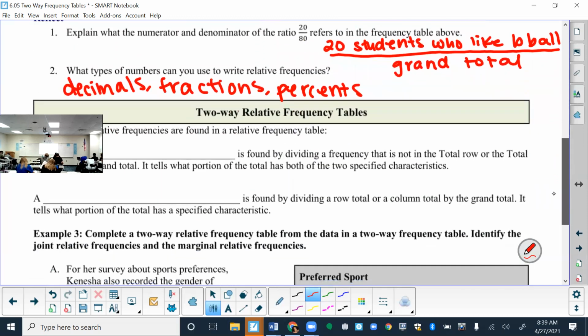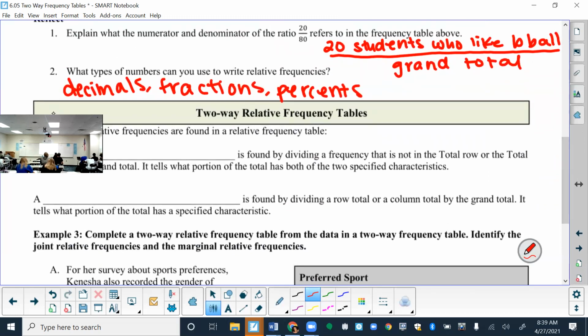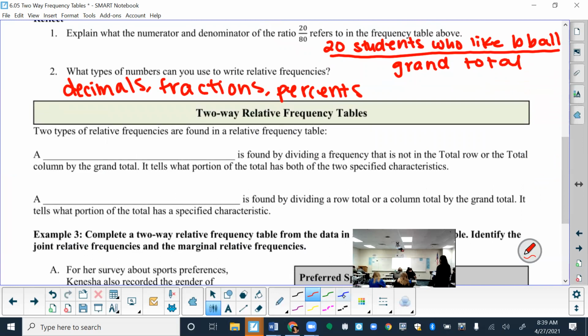All right, so we have two more vocab words that I'm going to squeeze in here, and I don't want you to get too hung up on them. First we have a joint relative frequency. So right now just fill them in and then I'll explain.